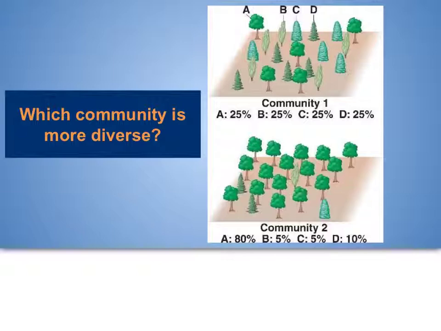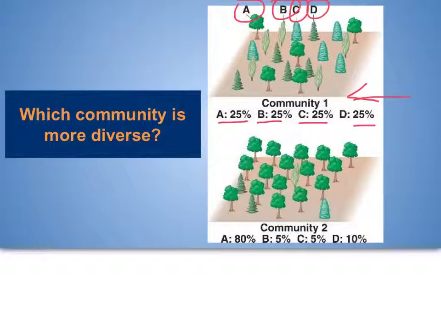So we're really only looking at the trees of these two forests. We have community 1 and community 2. In community 1, you see that we have 4 species of trees. We have species A, B, C, and D. And we see those species here, A, B, C, and D. All right, 4 different species of trees, and we can see in community 1, each has a relative abundance of 25%.